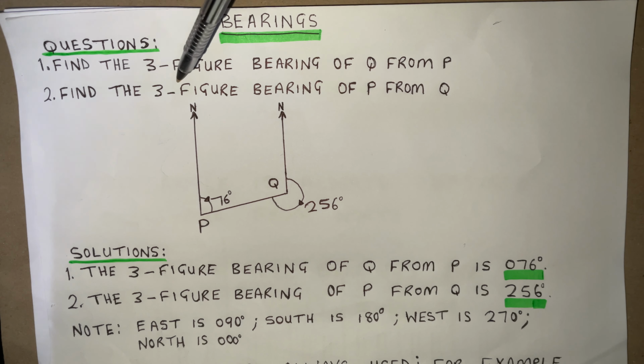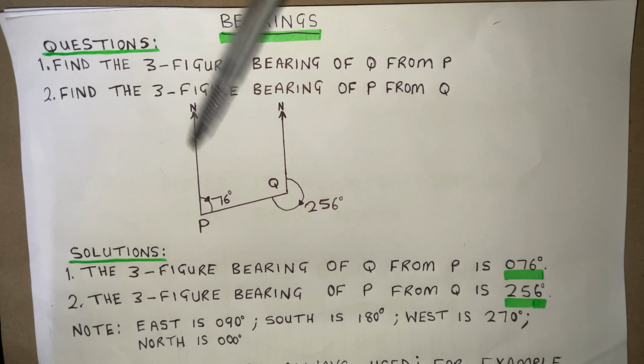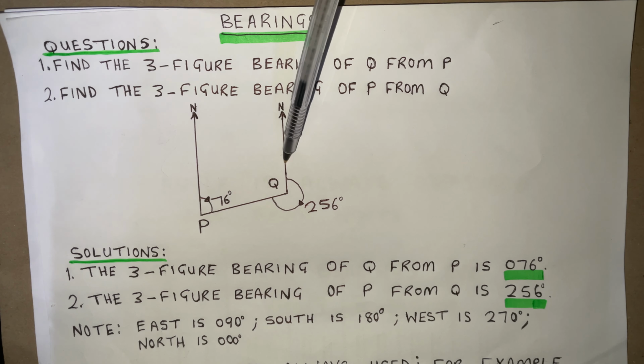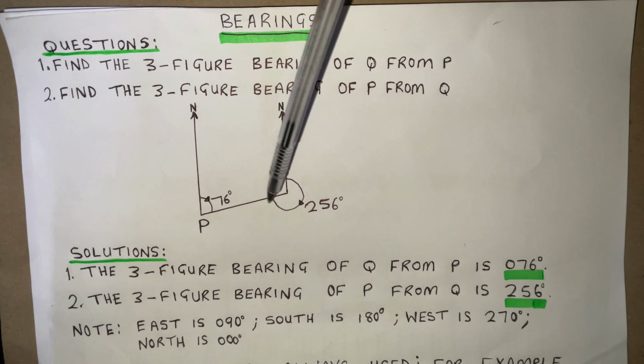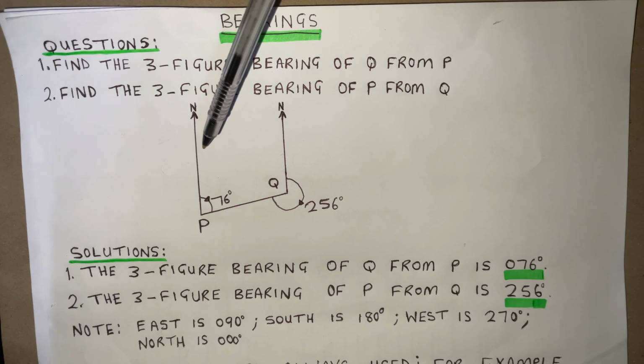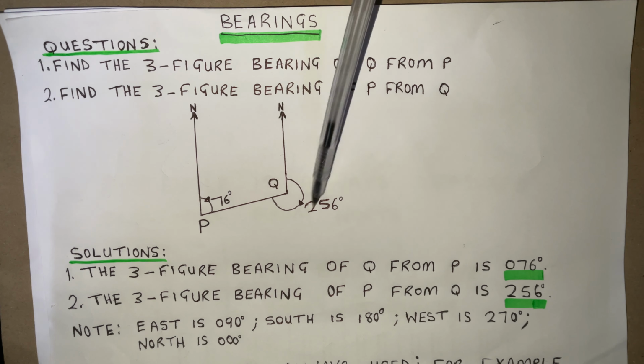But most protractors are marked up to 180 degrees, so you won't be able to measure this 256 degrees directly using a protractor. What you have to do is measure the smaller angle between this north line and this line which goes to P. Remember, one full revolution is 360 degrees.